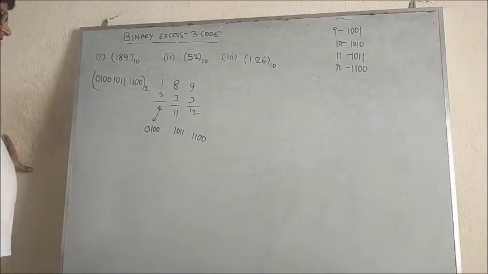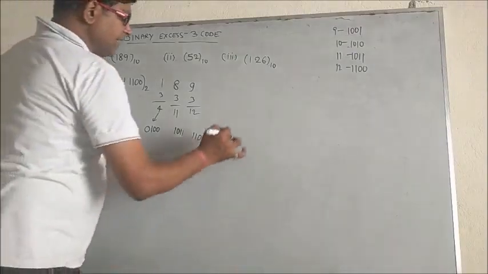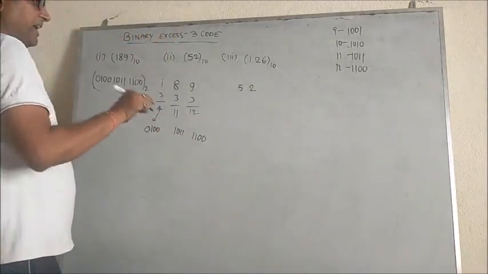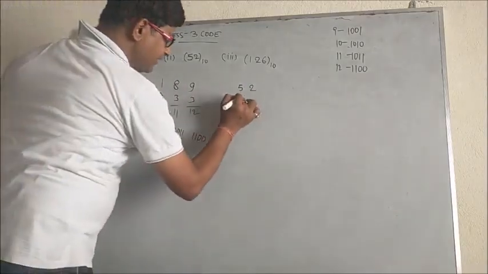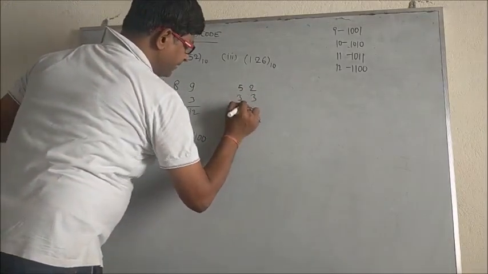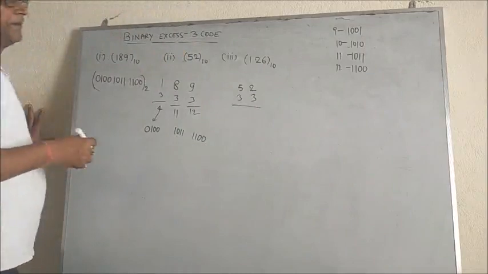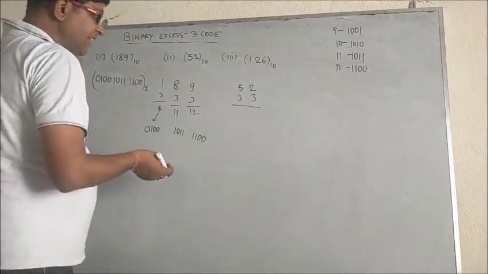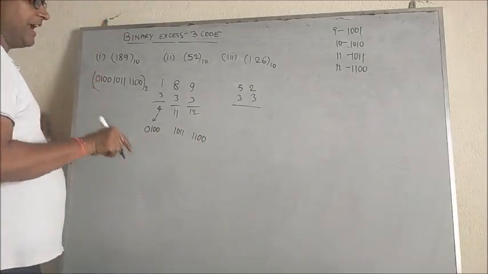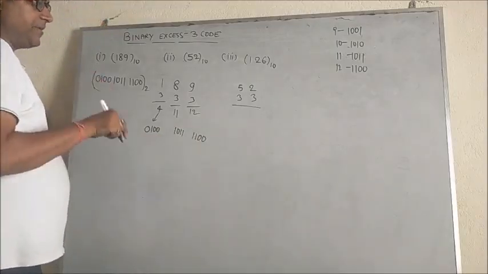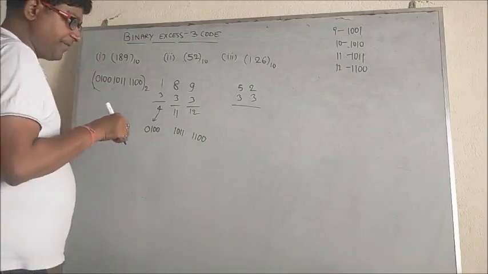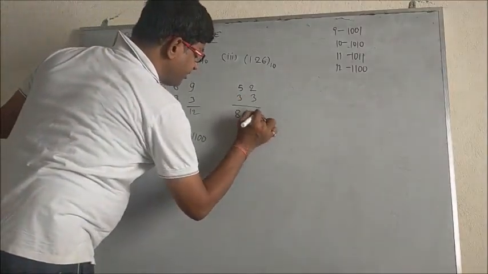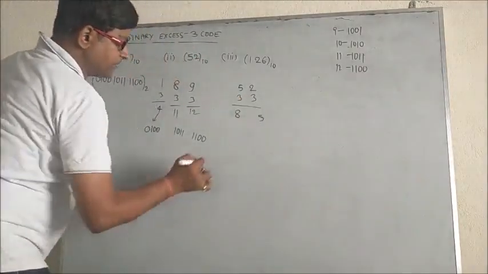If not, just take the second example, 52. 52 will be individually added by 3. So add 5 with 3, and 2 with 3. Don't assume that 52 is added by 33. We have to add every individual digit by 3. So what will be its answer? It will be 8 and 5. How will 8 be represented in binary?